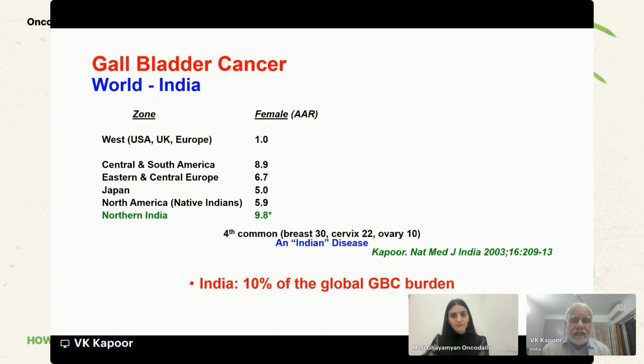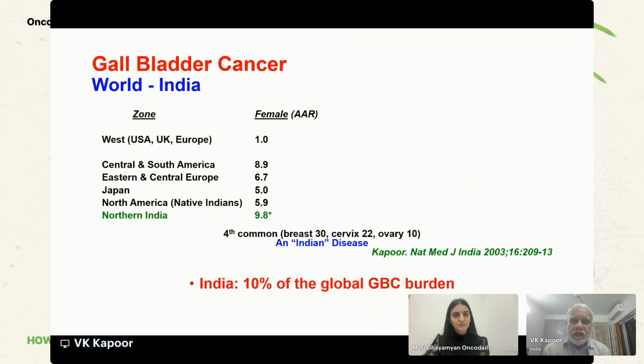We have to understand and appreciate that gallbladder cancer has a peculiar epidemiology. It is not a common cancer in the Western world, which means the United States and Western Europe, where the incidence is as low as 1 per 100,000 per year in women.